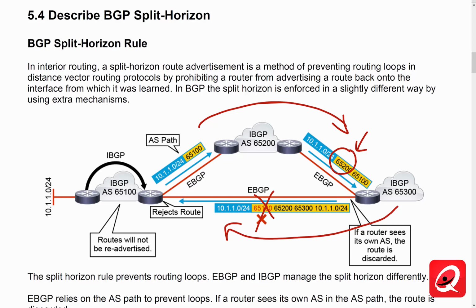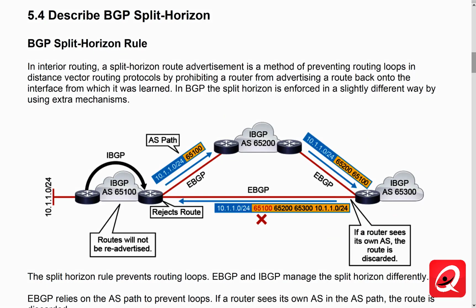I'm going to reject that information because it's clearly been looped back to me, right? And that's where we can identify or create this loop prevention mechanism with eBGP relationships. All right.